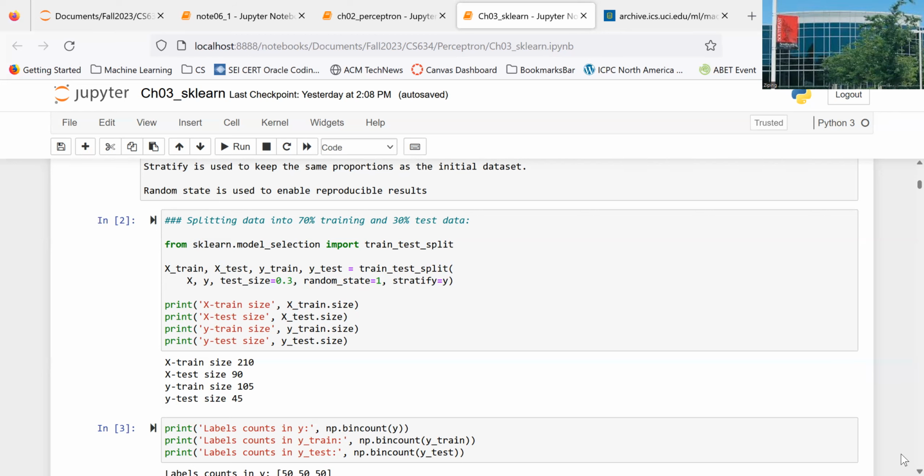So did you see? Then you have X and X test, you have different sets.